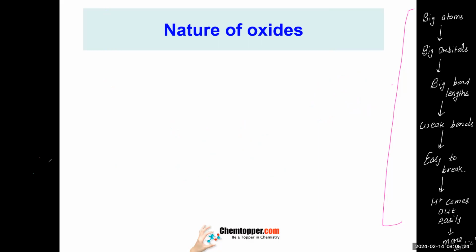But now you know your acids and bases, you know the concept, so you can understand. We are going to discuss two types of oxides. One, metallic oxide. The other, non-metallic oxides.